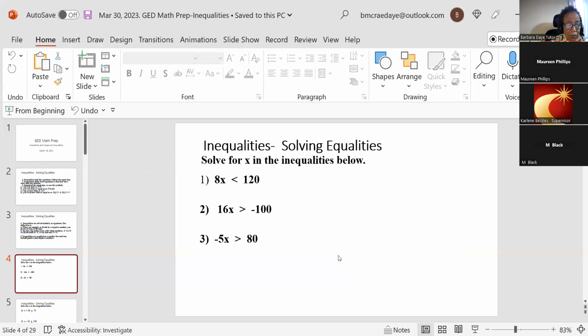You're solving for the X. All right. Now, if you don't have the greater or less than symbol on your keyboard, just write it out. Just write out less than or write out greater than.